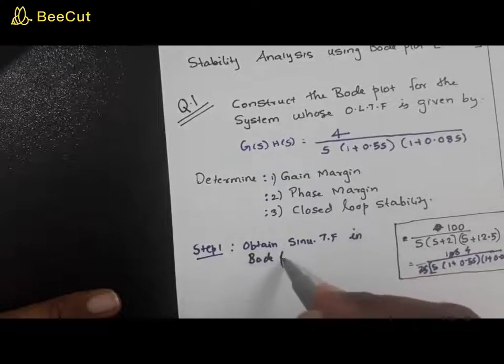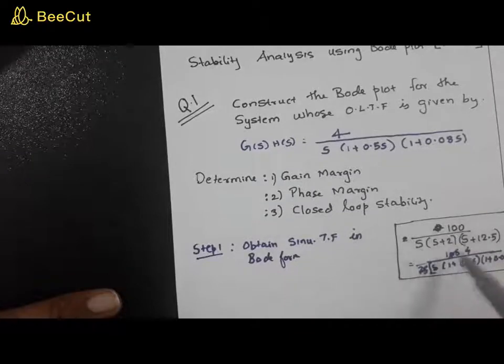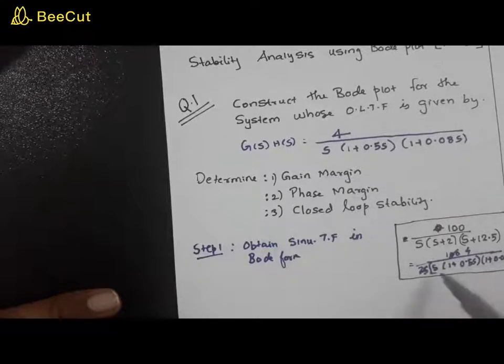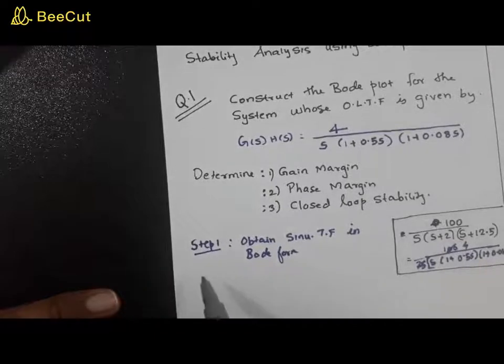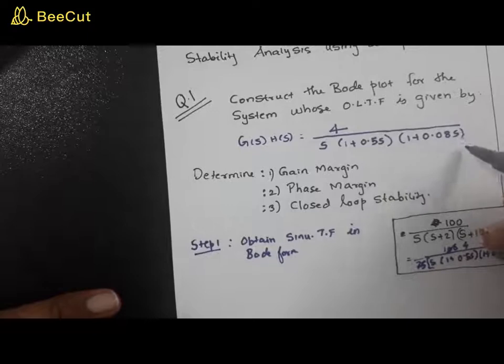Not in this form, but by making all the constants that come along with the first order factors equal to 1. So you need to take all those constants out as I have shown in this example. Here in this question it's already given in the Bode form.